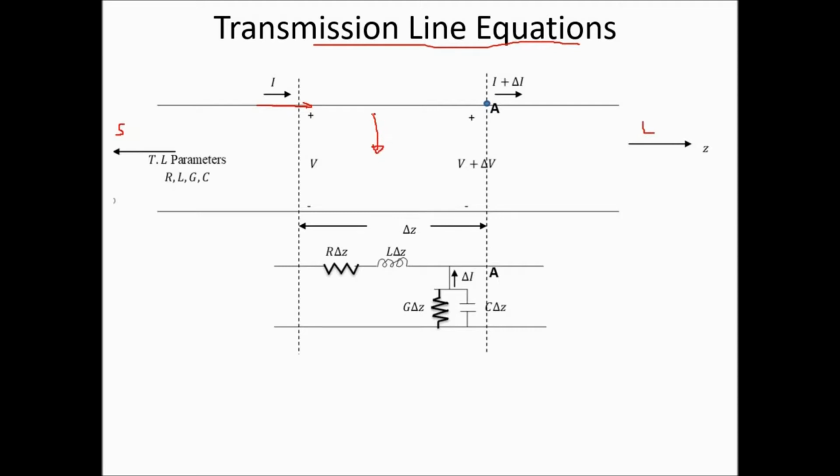This type of current is called the leakage current, because positive charge is accumulated on this plane and negative charge is accumulated here. Because of this charge distribution, you will find a displacement current here. The voltage at the input side is V and at the output side is V plus delta V.